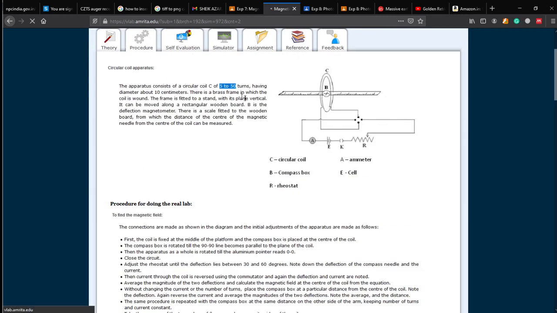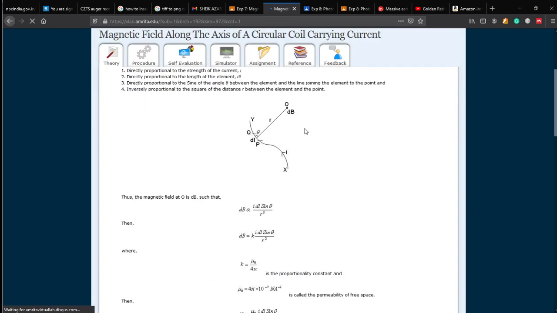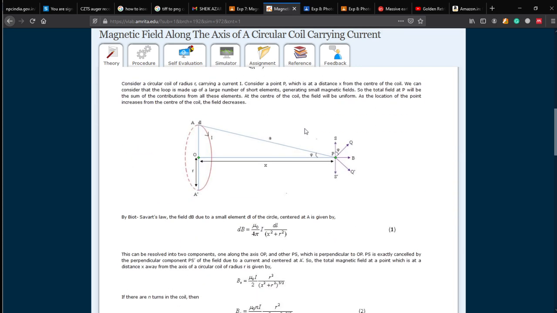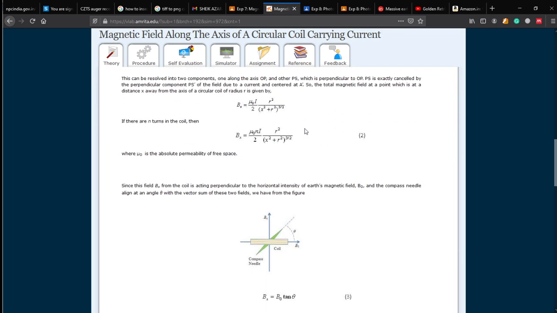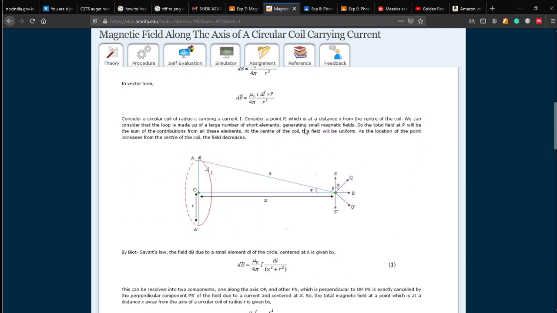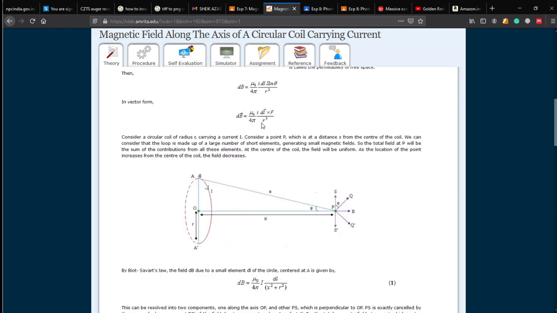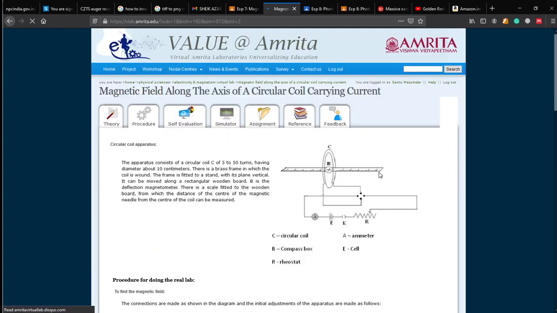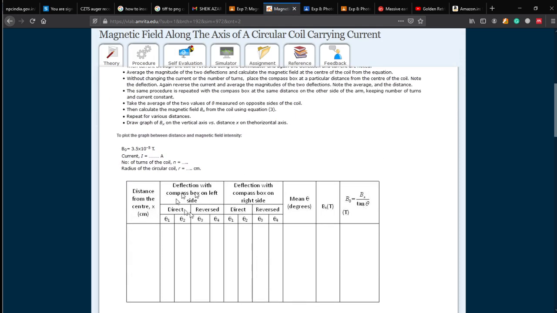Let me show you the equation. So here it is. So I think this is all for today. You can easily find out the Bx value, and hence the B0 value you can find out by using this Bx by tan theta.